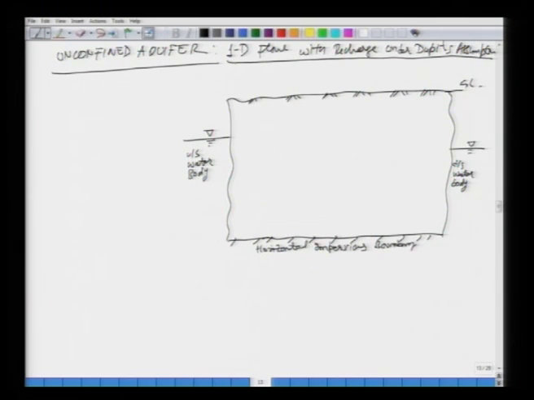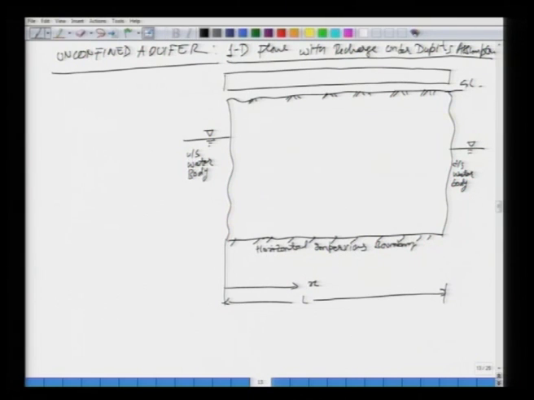So, there is no confining layer at the top. This is my direction of flow x, and the distance between the two water bodies is L. On top of this I have a uniform recharge, which is feeding the ground level.